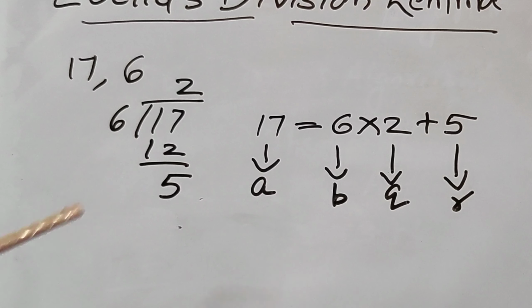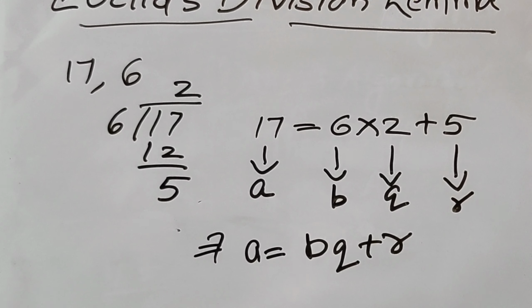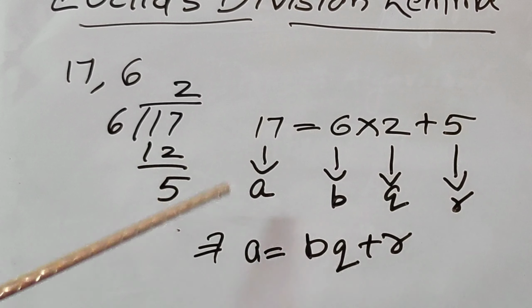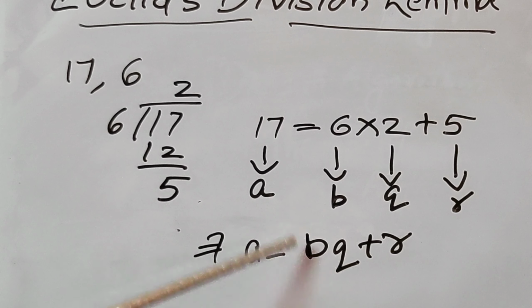Now we can use this a, b, q and r to write like our 17 and 6. How can we write that? a is equal to b into q plus r: 17 equal to 6 into 2 plus 5. That is, a is equal to bq plus r. This way we can write any two positive integers.